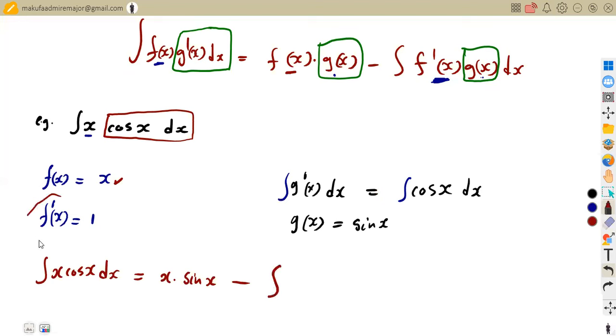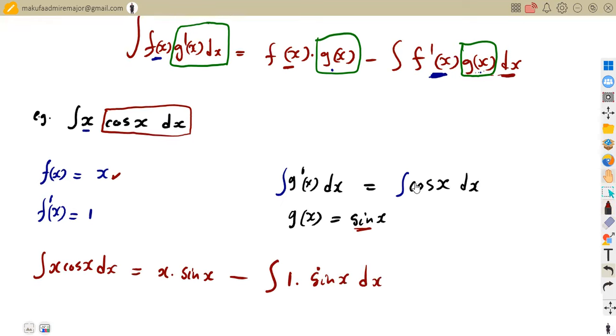Our f prime x, that is the first derivative of our f of x, which gave us a 1, times gx dx. So our gx in this case is the sine of x, and we are going to integrate this part with respect to x. So this is the formula that you have given on your formula sheet.